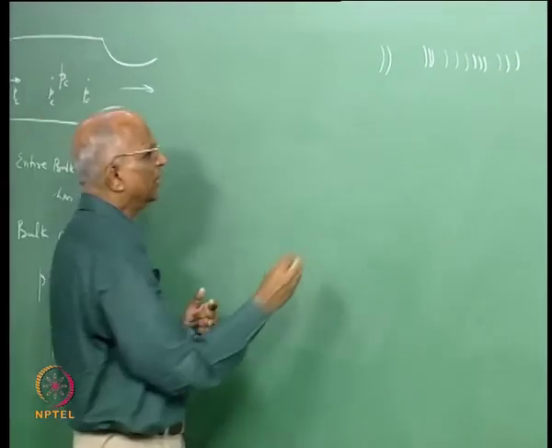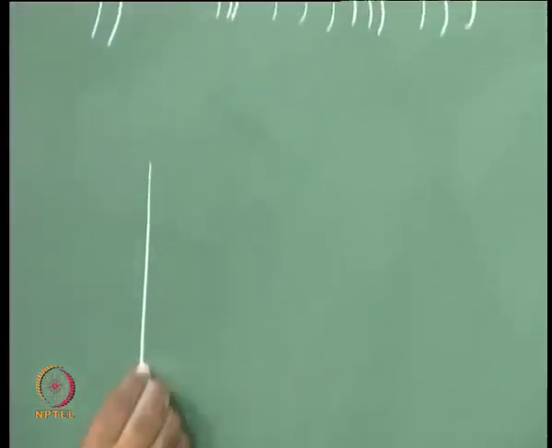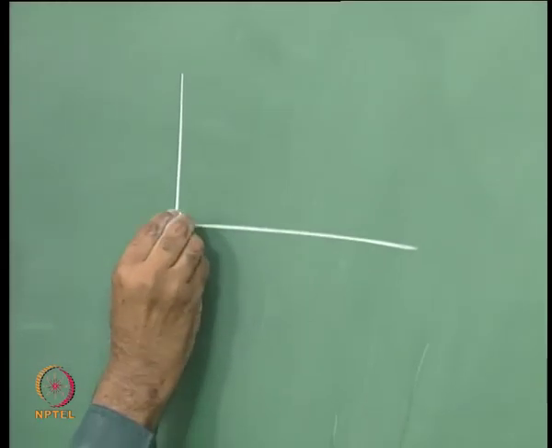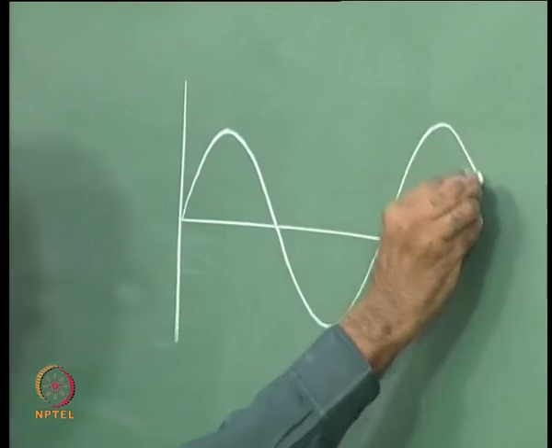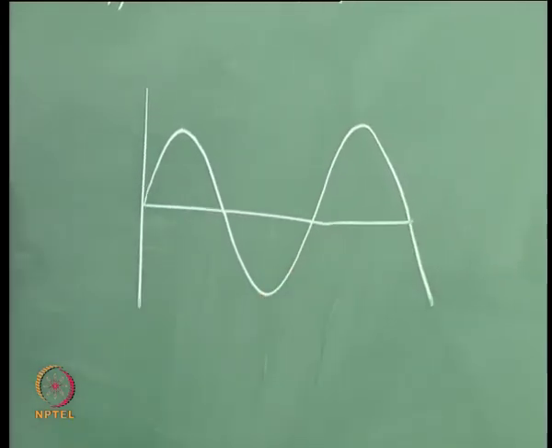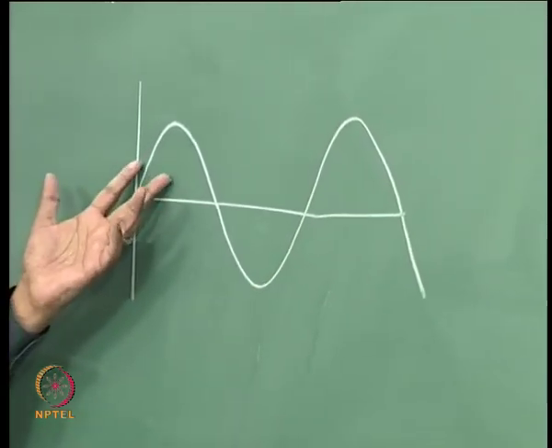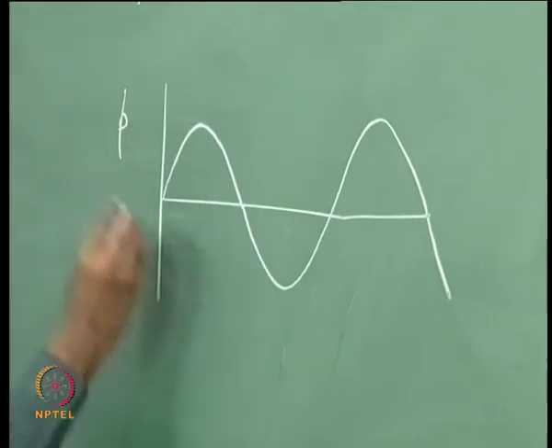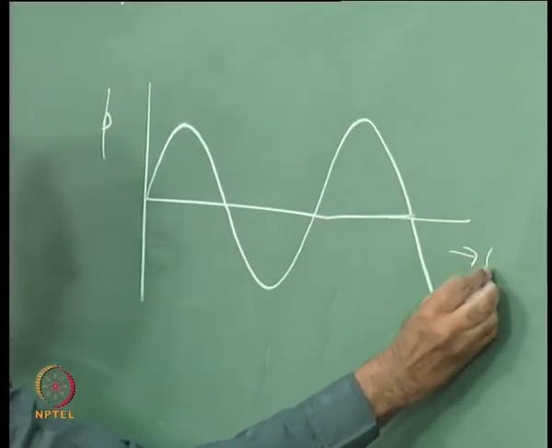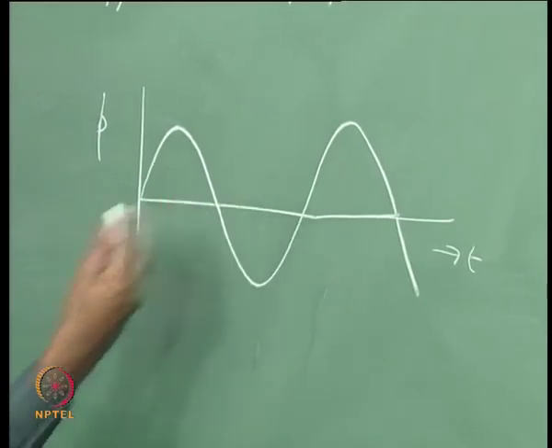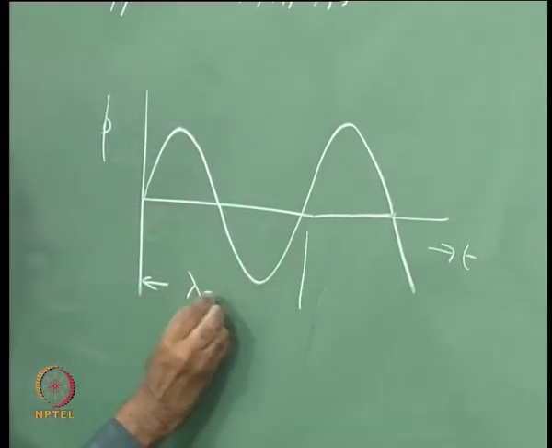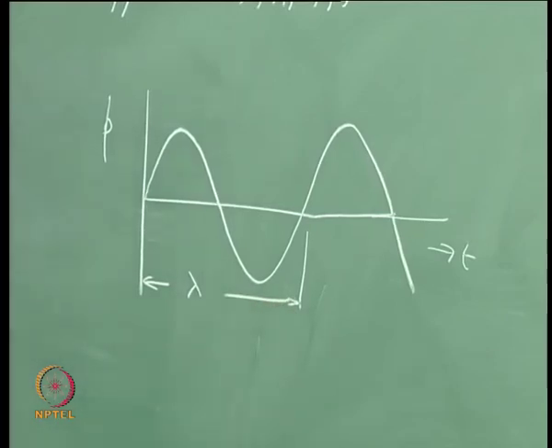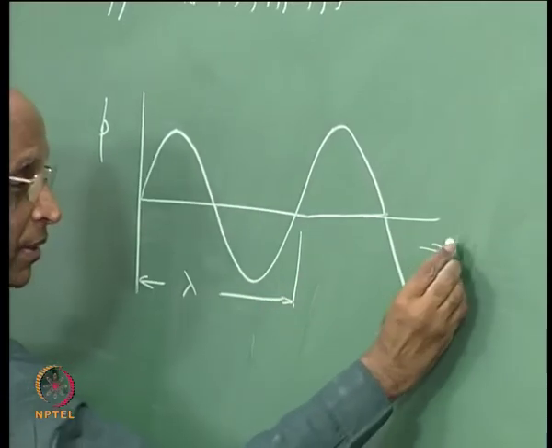In other words, if I were to plot it, what is it I get? I get a region wherein I get compression followed by rarefaction, compression followed by rarefaction. In fact, this is something known as a sound wave. And how do I represent pressure? As a function of time. This is a sine wave after all, this is one cycle of oscillation, that is one wavelength of oscillations, and this is my distance.